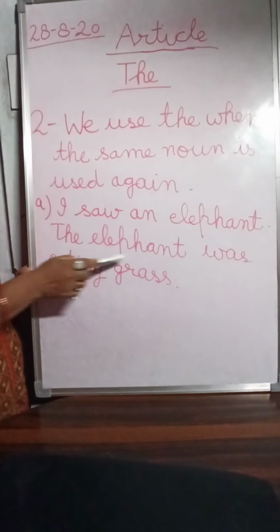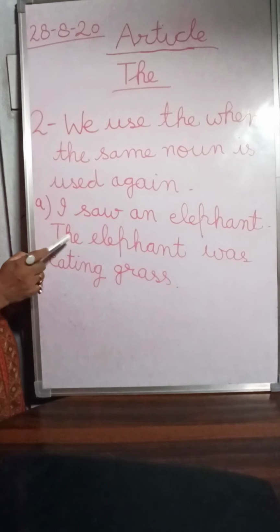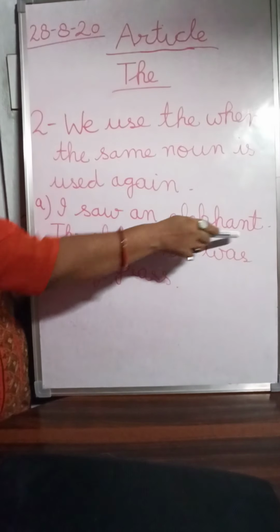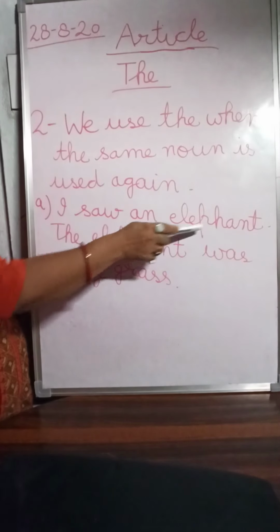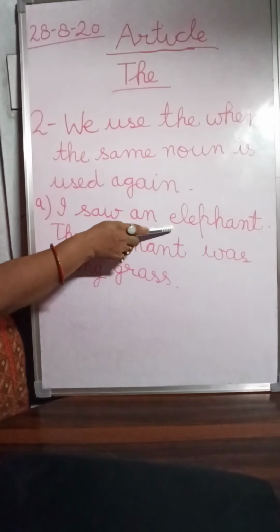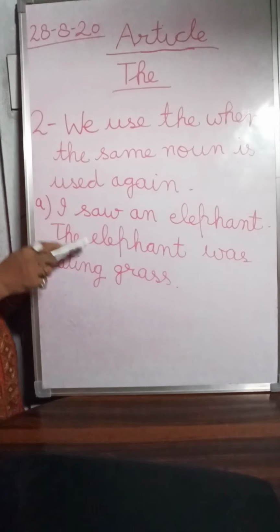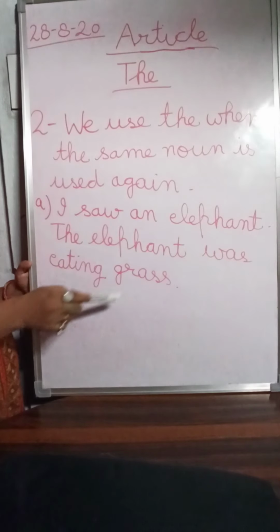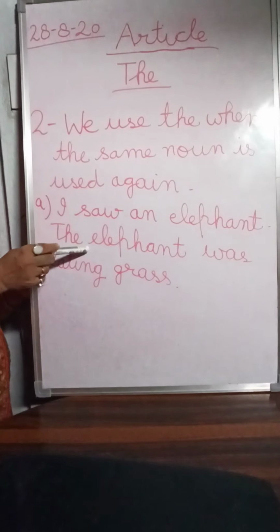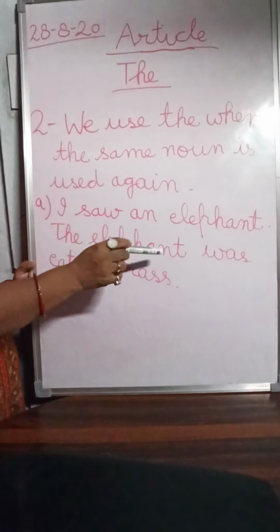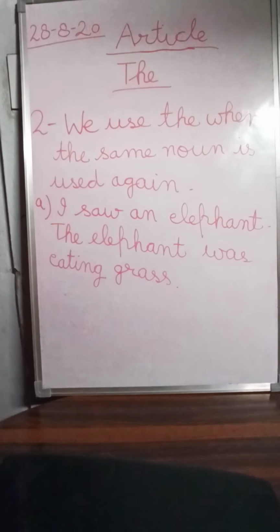It means elephant word is repeating here. So we will write here, यहाँ पे तो आप n लिखेंगे because here elephant word का first letter e vowel है. But in second sentence word elephant is used again, so we will write here the elephant was eating grass. It is clear to you?